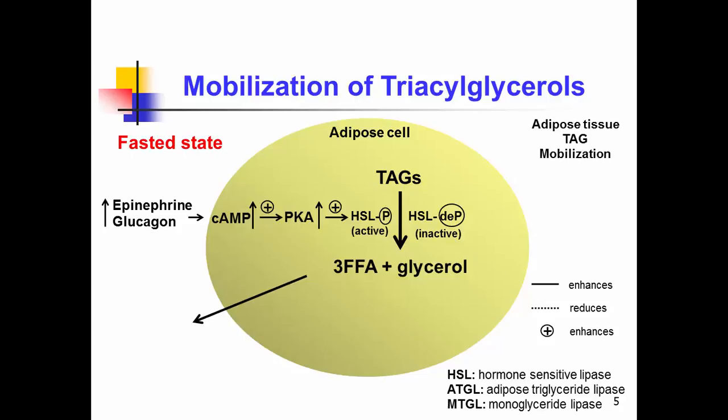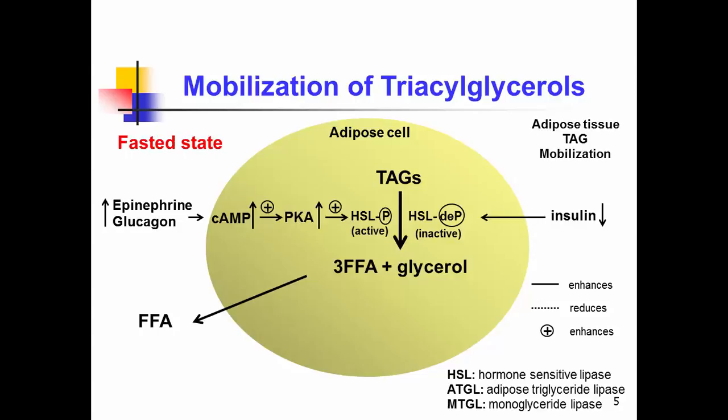So then this can promote triglyceride hydrolysis or triglyceride breakdown. And also because glucose levels decrease during the fasting, insulin goes low, and insulin basically suppresses HSL activity by dephosphorylating HSL.